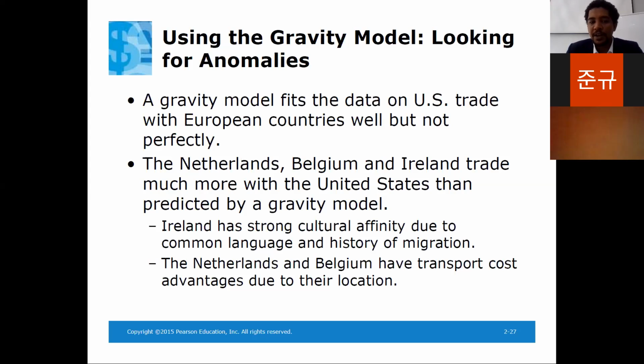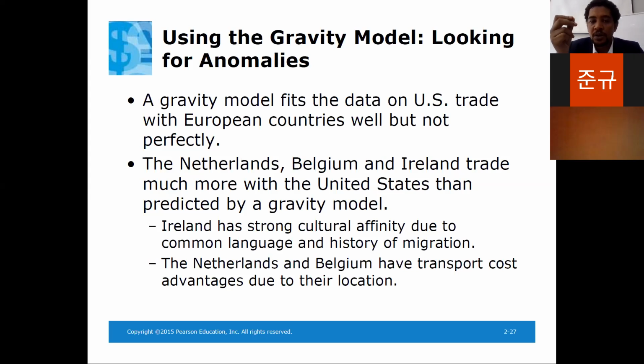Why? For example, the Netherlands, Belgium, and Ireland trade much more with the United States than predicted by the gravity model. When you calculate the trade value between the US and the Netherlands, you might use the GDP of the Netherlands multiplied by the GDP of the US divided by the distance between them.